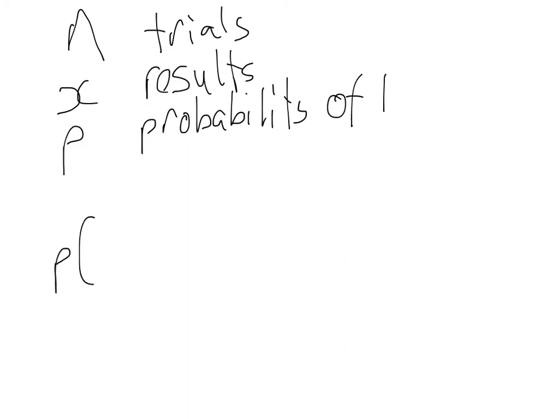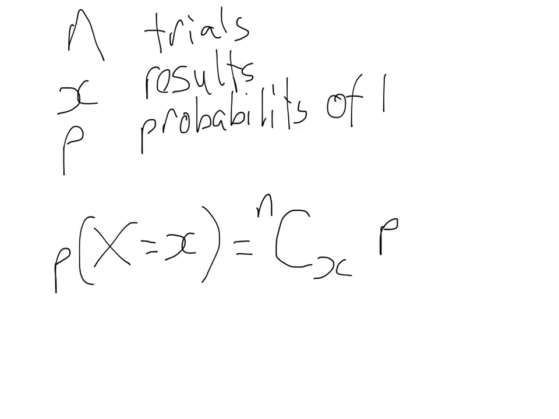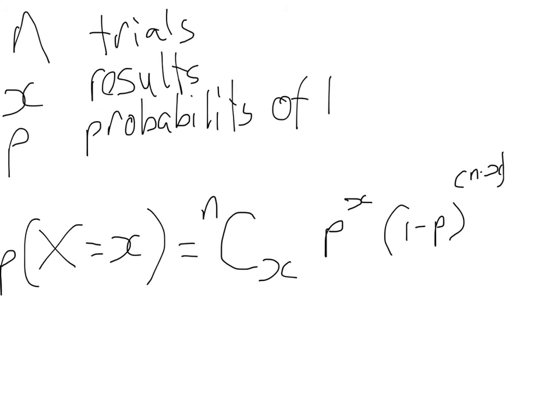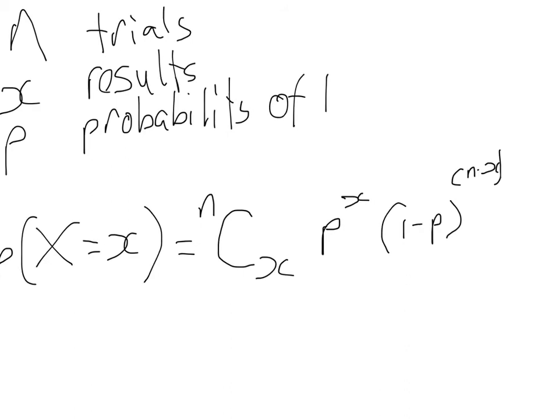The probability that a randomly selected one is equal to the one that we're after equals the combination of n and x, times the probability p to the power of x, because we have x number of our outcomes, then times 1 minus p to the power of n minus x.